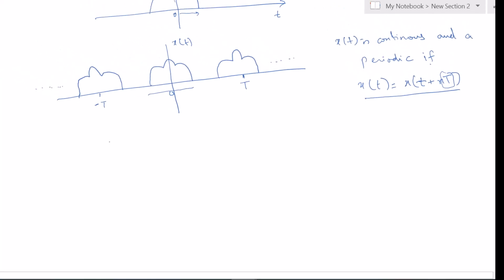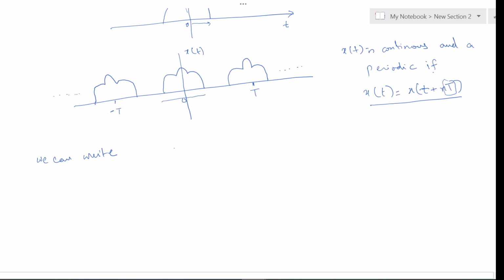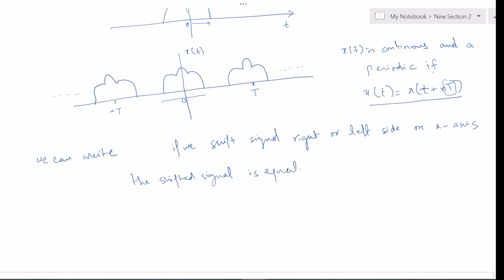So if we shift the signal to the right side or left side on the x-axis, the shifted signal is equal to the base signal. So this is called a periodic signal.